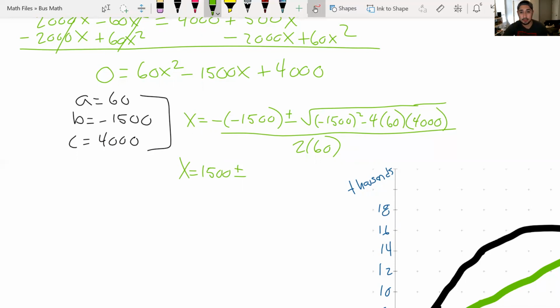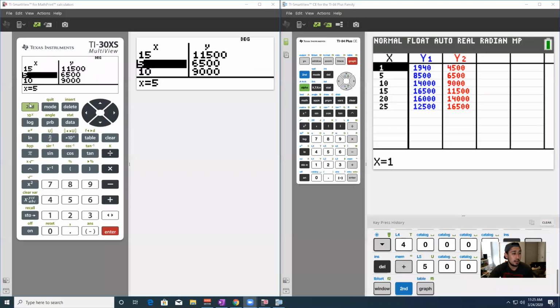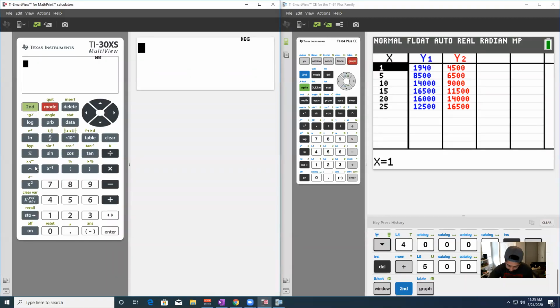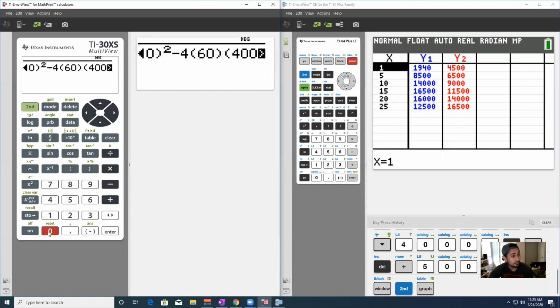So stop sharing this screen. Share my screen of my calculators. And second, quit. All right, I'm typing in the square root part, just the square root part. Second, square root, parentheses, negative 1,500 squared minus 4 times 60 times 4,000.